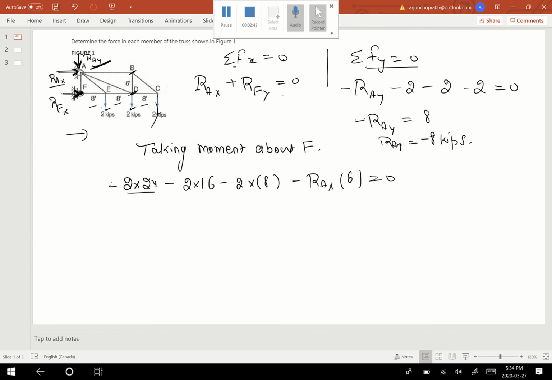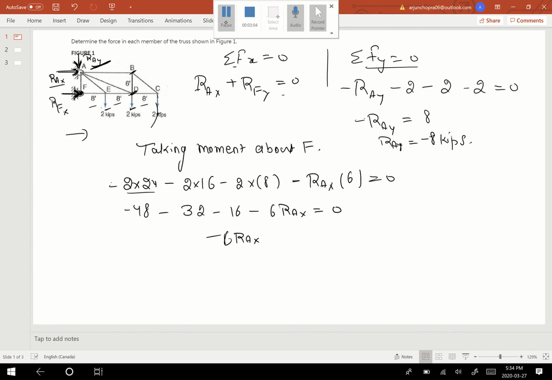So 24 times 2 is 48, negative 48, negative 32, negative 16, negative 6 RAX equal to 0. I'm going to say 48 plus 32 plus 16, because all of them are negative, that's why I'm adding them.